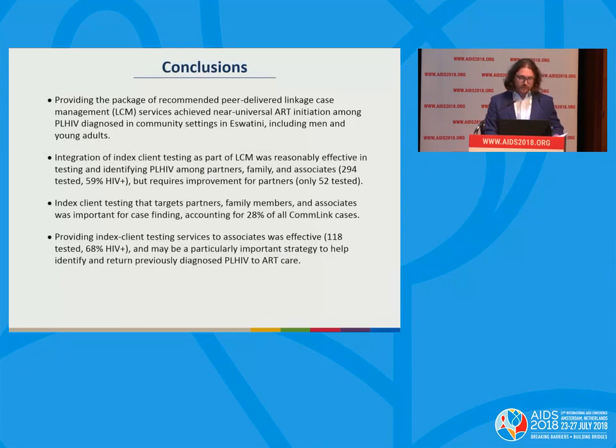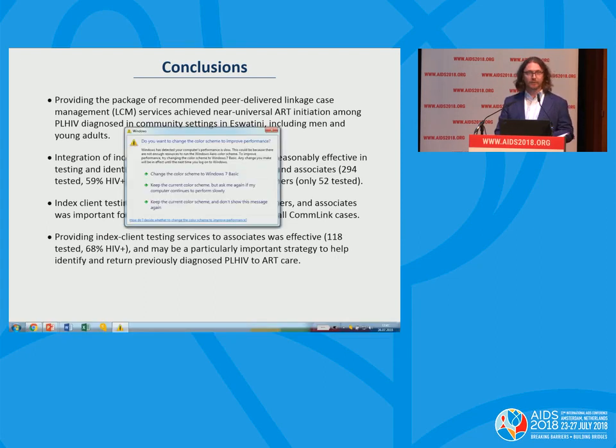So, in conclusion, we found that providing the package of recommended peer-delivered case management services achieved near universal ART initiation among PL-HIV diagnosed in community settings, including men and young adults. Integration of index client testing as part of linkage case management was reasonably effective in testing and identifying PL-HIV, but requires improvement in terms of testing partners.